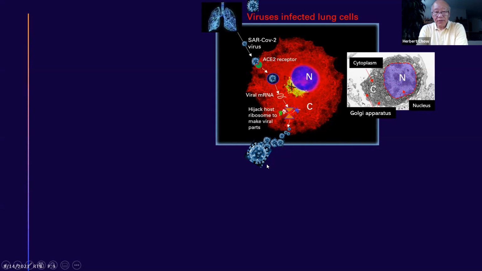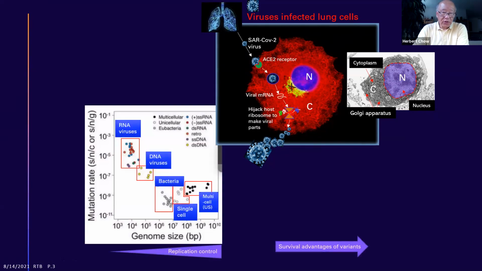And the problem with this being an RNA virus is this. If you look at the scales of things in terms of the size of the genomes, humans are very complex. We have a large genome. We have a lot of DNA. We have a lot of information.